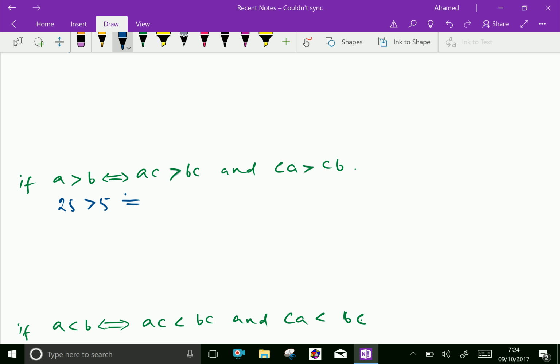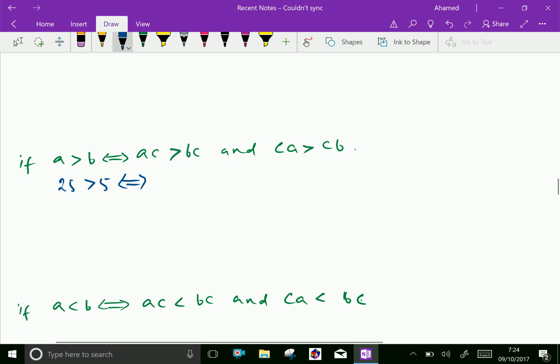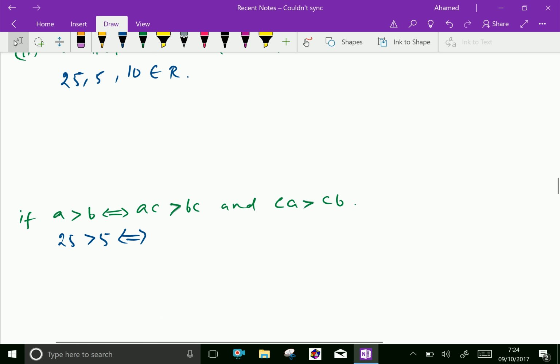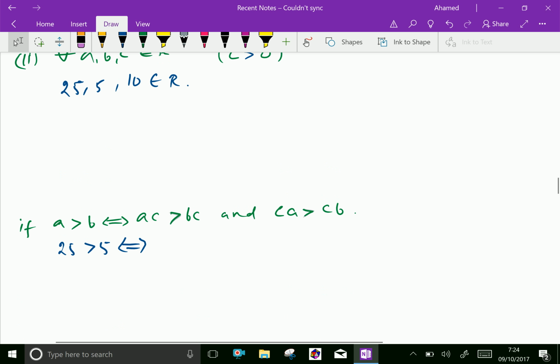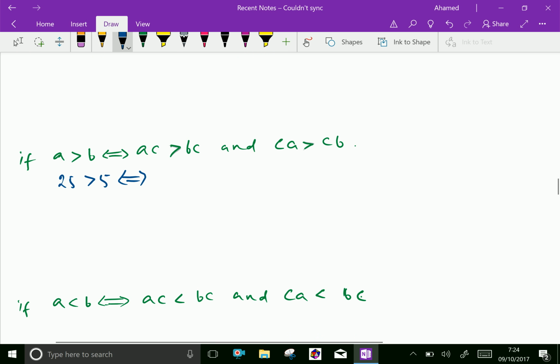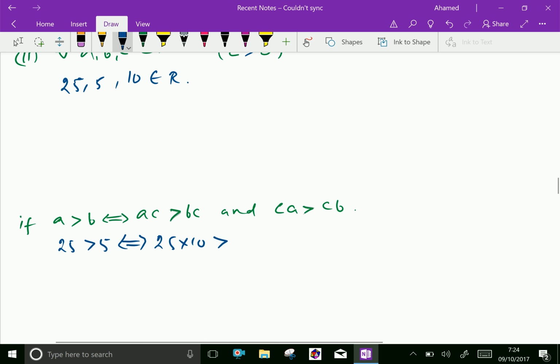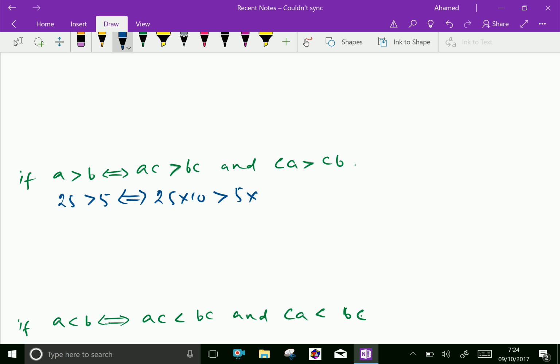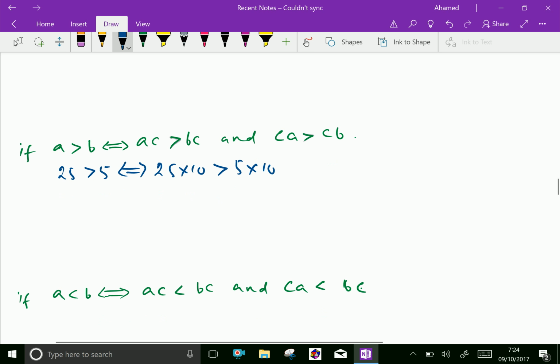Then we get A into C, 25 into 10, is greater than B into C, 5 into 10. Means 25 into 10 is 250, is greater than 5 into 10 is 50.